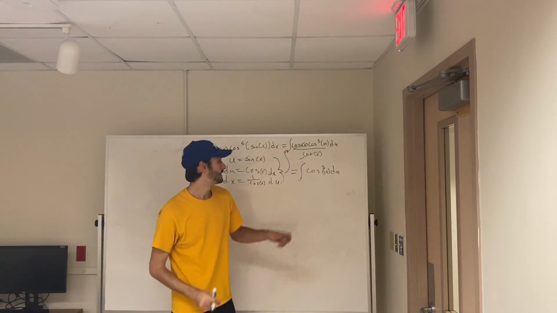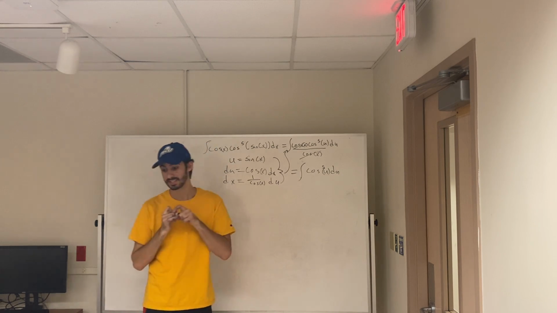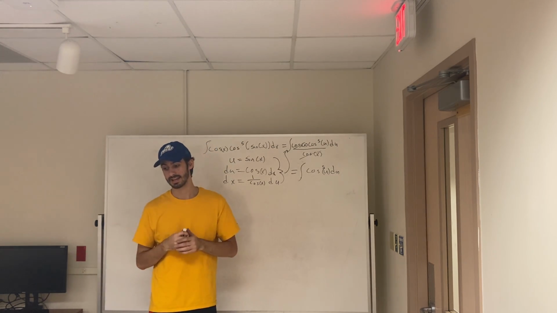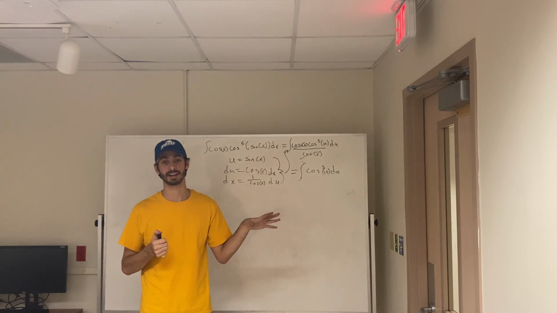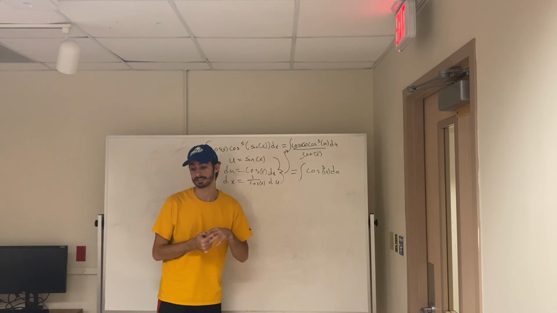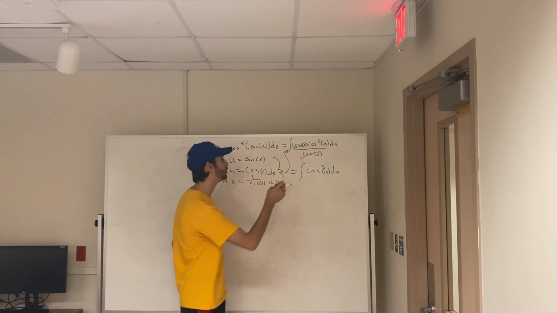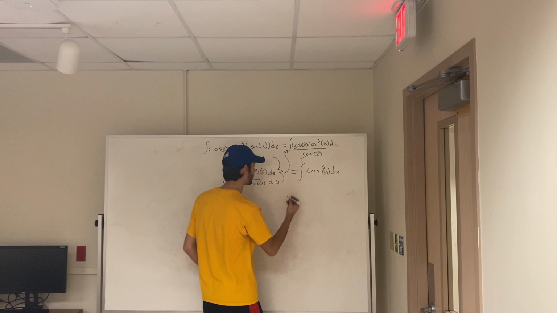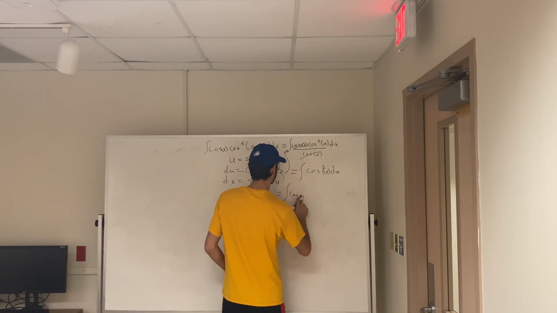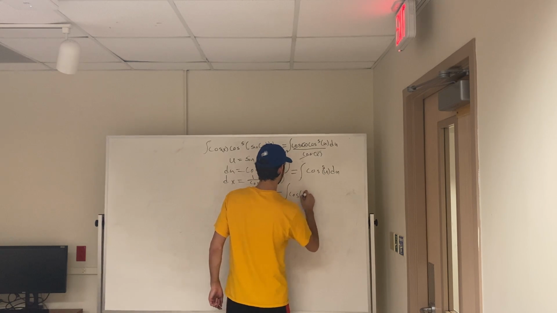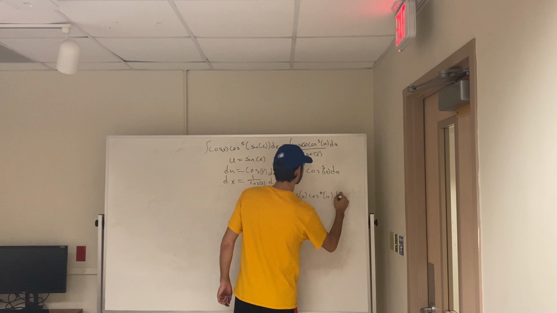Now the problem is this giant wonky power of 5. Basically, we can't do that. We need to simplify the integral so that it's a little more workable. So we're actually going to pull a cosine out from here, and that's going to give us cosine of u times cosine to the power of 4 u du.